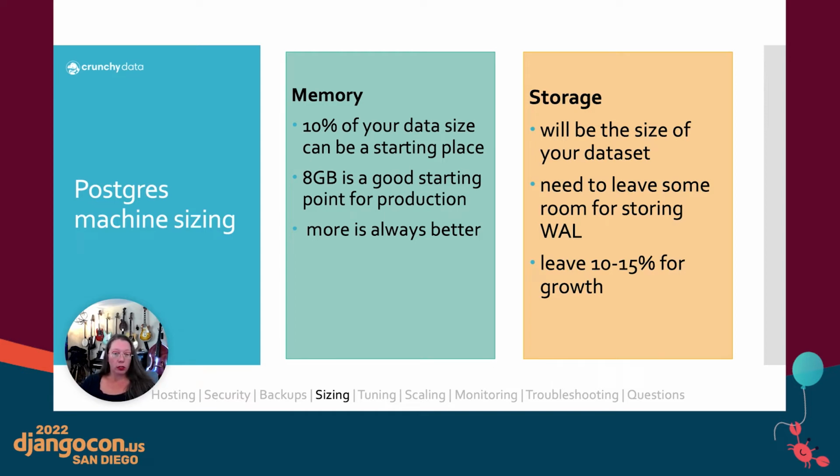Obviously these are simplified and your specific use case might be a little bit different. So your underlying storage is going to be the size of the actual data that you have. So if that's static, that doesn't change a lot, or you might be in a situation where you get lots of data in and out. So those are things you need to know.